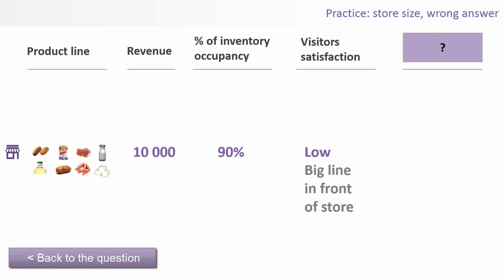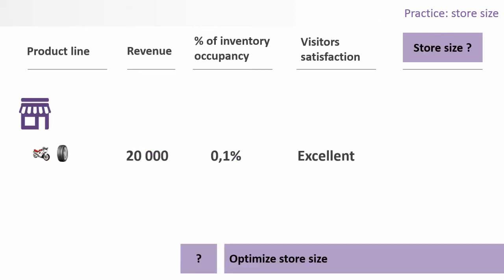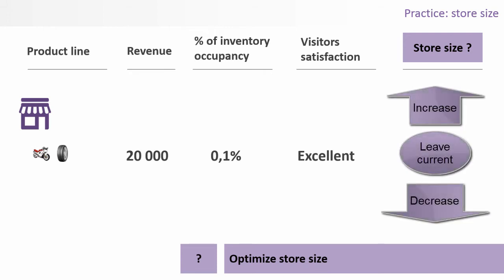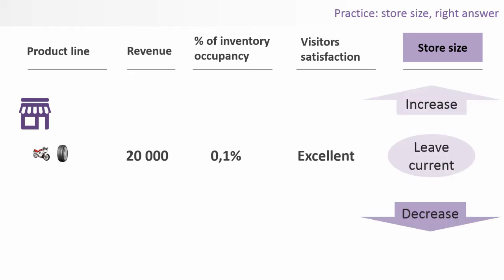Please try again. Finally, our third shop, the biggest one, which has only 2 products and a great level of customer satisfaction. However, the revenue is little, as well as the percentage of inventory occupancy. Which action should you make? Correct. The shop size should be decreased, which will save money on renting expenses.